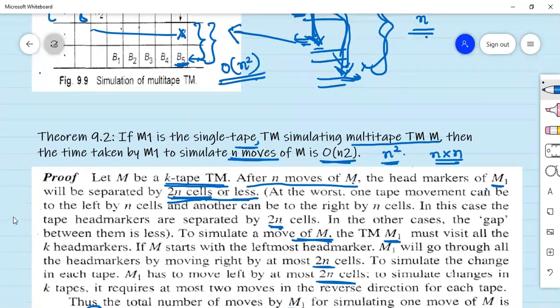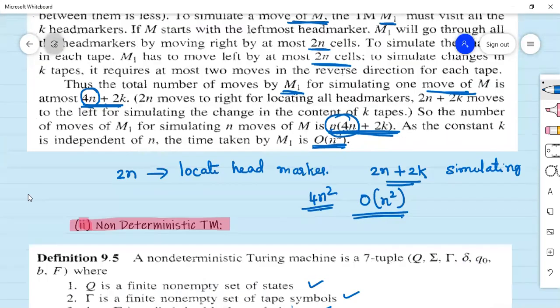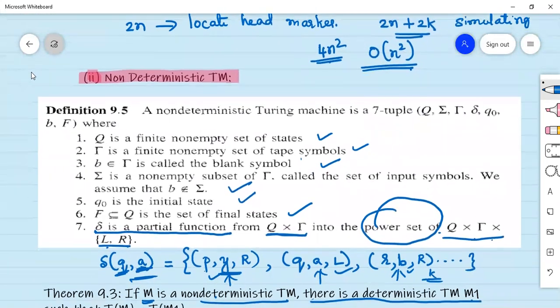Then we talked about the moves, right? If M1 is a single tape machine simulating the multi-tape Turing machine, then the time taken for M1 to simulate the multi-tape machine will be O of n squared if we have n moves. This is based on the gap that is separated between the two markers, and we saw the proof for that.